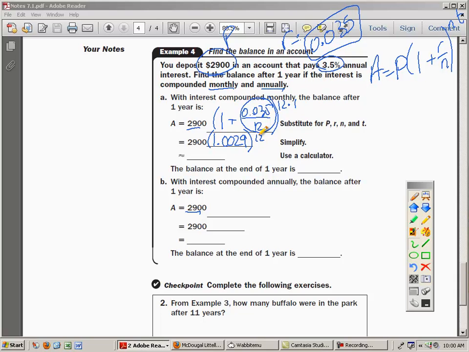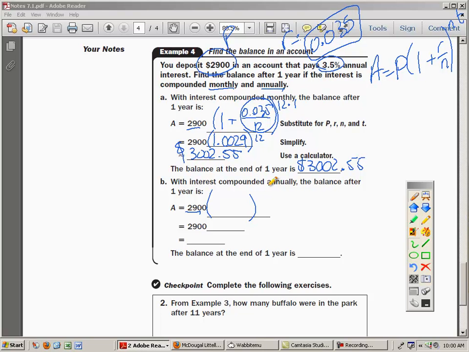And now we just go ahead and use our calculator. 2,900 times 1.0029 to the 12th comes out to approximately $3,002.55. All right, remember this is dollars and cents here, so make sure your answers have labels. So my balance is roughly $3,002 with 55 cents in change. Okay, so we grew by about $102.55 over that time frame.